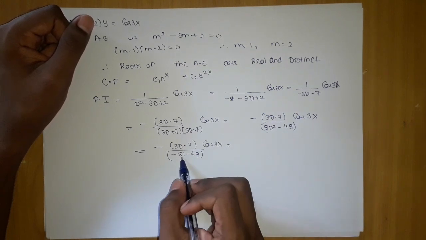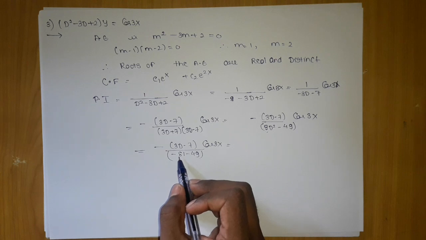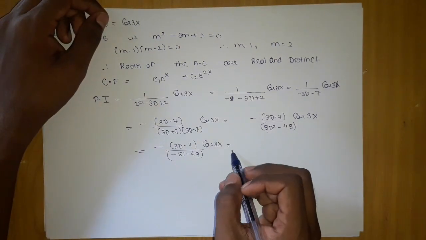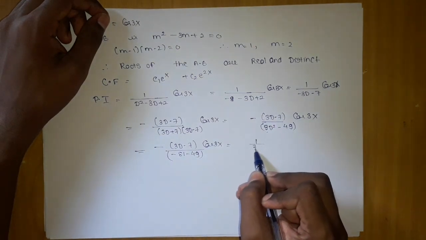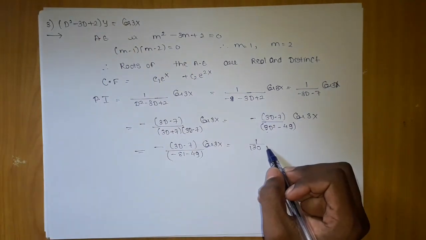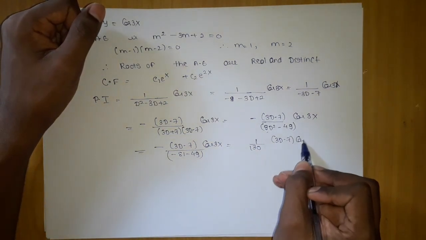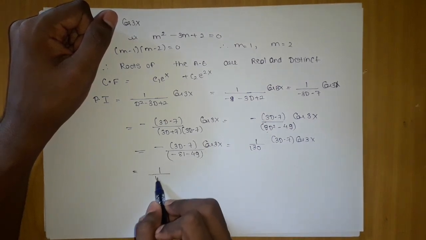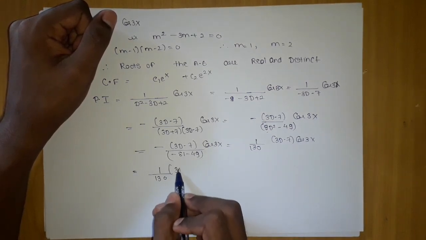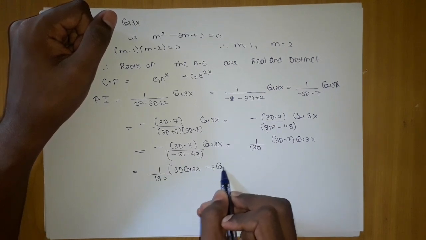Now the minus sign here and this minus sign will get cancelled out, and on adding this, we are going to get 1/130, and here (3D - 7) into cos 3x. This cos 3x will multiply with each of them, and we will be left with 1/130 into (3D cos 3x - 7 cos 3x).